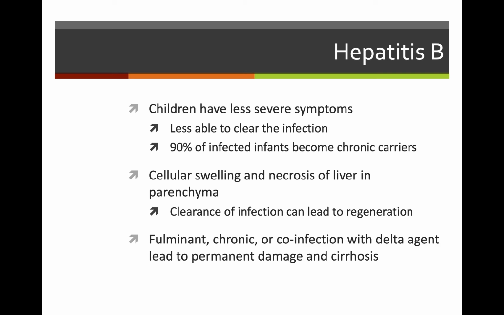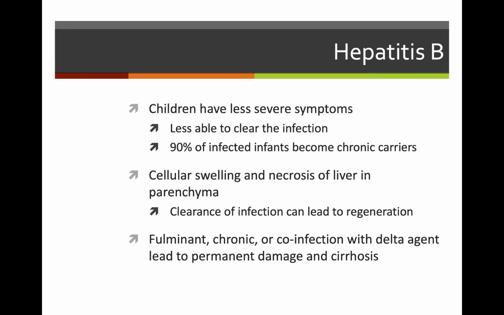Now, when you have fulminant hepatitis, or when you have chronic hepatitis, especially with that co-infection with delta agent, hepatitis D, that can lead to permanent damage and cirrhosis. With cirrhosis, we often associate that with chronic alcoholism. You can't drink a gallon of vodka a day for 30 years and expect that your liver is going to be fine when you stop drinking.